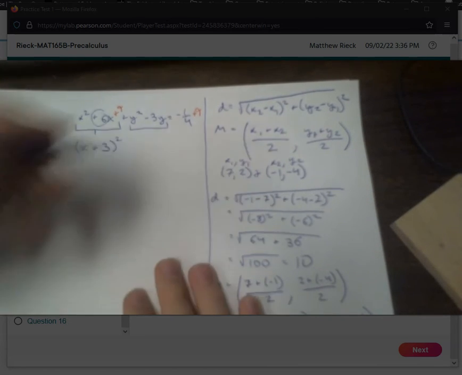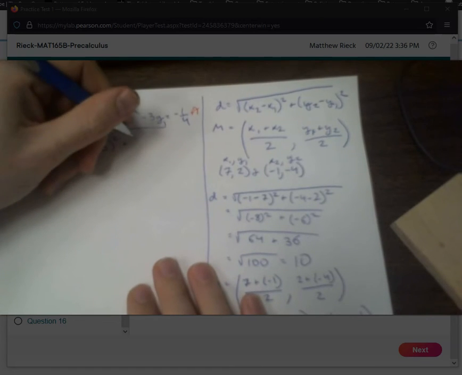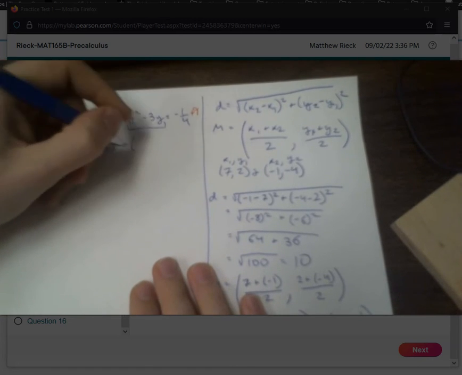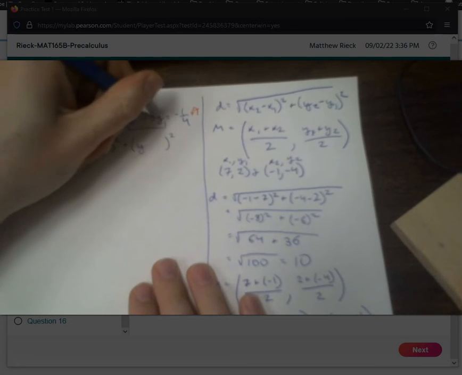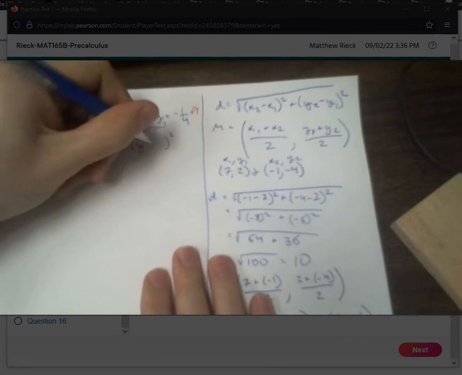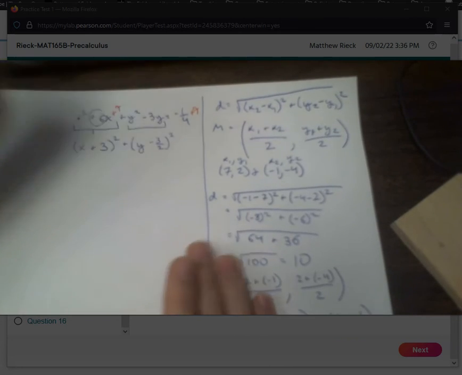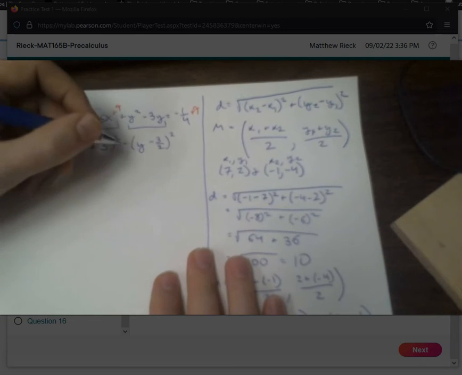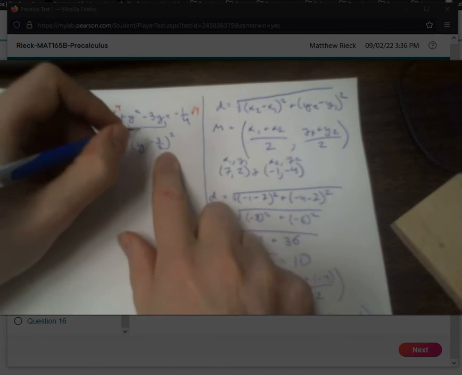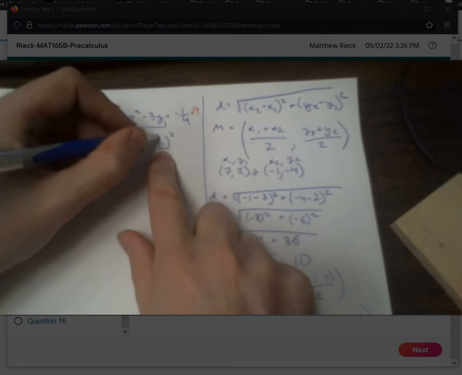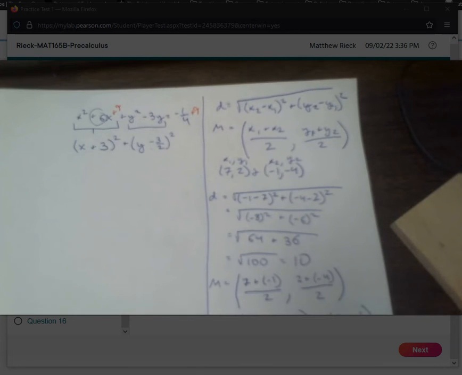All right. And then you're going to do the same thing with your y values. So you have y squared minus 3y. So again, we're going to take y, and then 1/2 of negative 3 is going to be minus 3 over 2, minus 3/2. Which again, when I expand this out, I'm going to be missing a term, and the term that I'm going to be missing is just going to be my constant term raised to the second power.